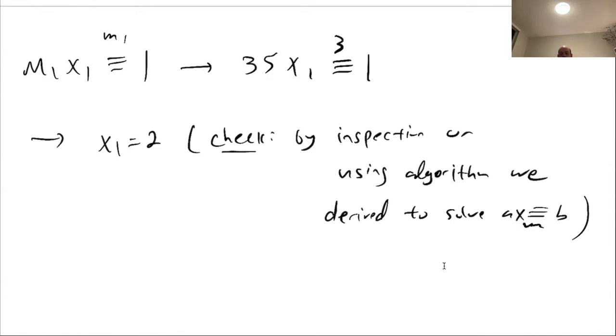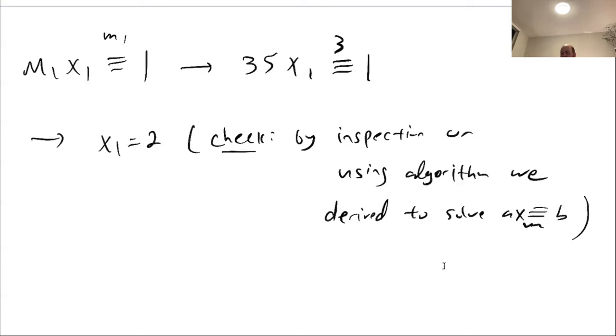So you already know how to solve AX equals B mod M as long as A and M have GCD 1. Here GCD of 3 and 35 is 1, so we can solve it using the algorithm. Or in the case that the numbers are small or it's easy to guess, you can first try to guess. Of course, if the question says use the algorithm, then you have to use the algorithm.